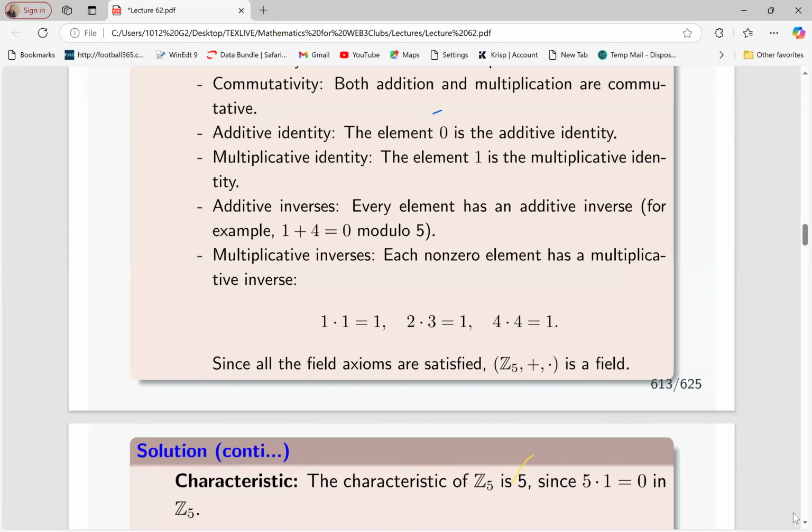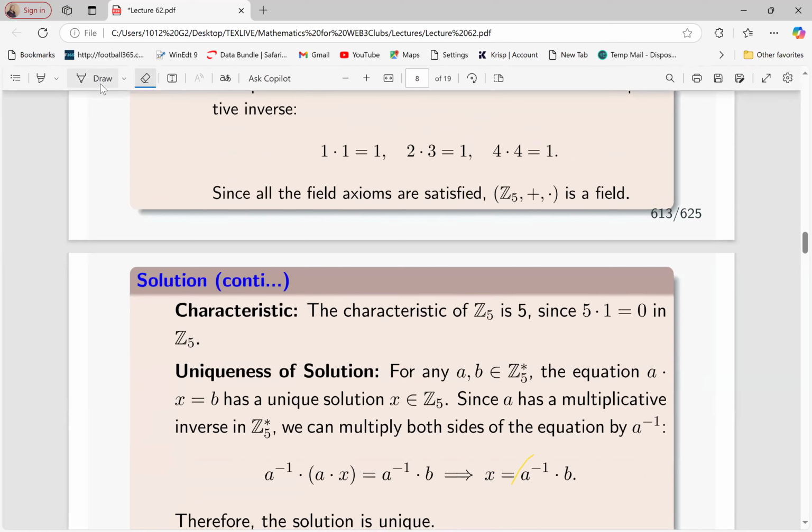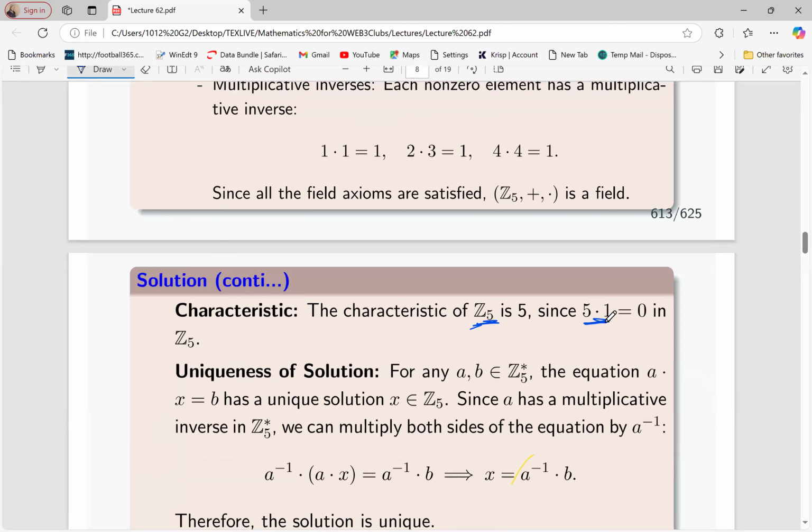Good. Now we have to look at the characteristic of Z5. In other words, what number, when multiplied by 1, gives you 0? It's easy how you get it.